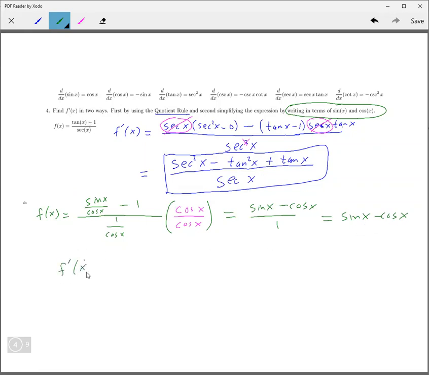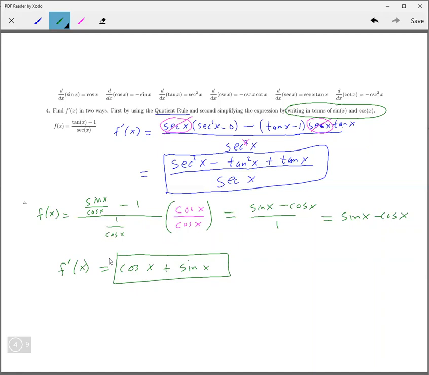And now the derivative. Okay, derivative of sine is cosine. And the derivative of cosine is negative sine x, but you have the negative here, so it's going to be plus sine x. Okay, so that's the answer to the second part.